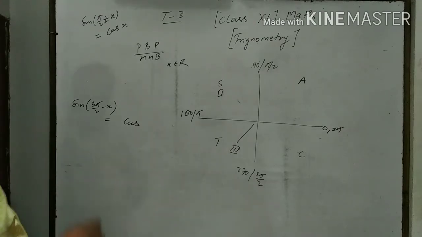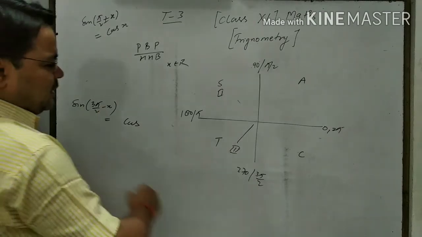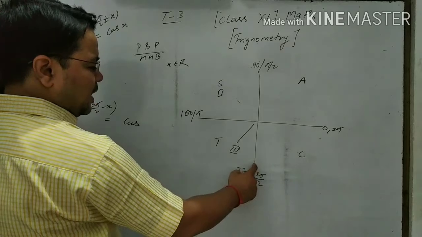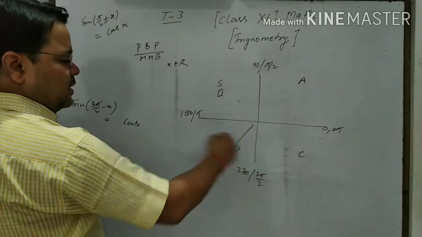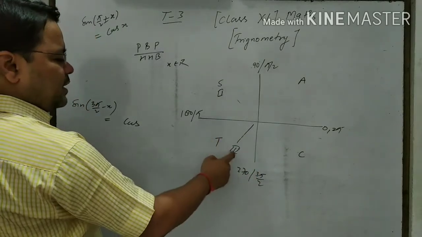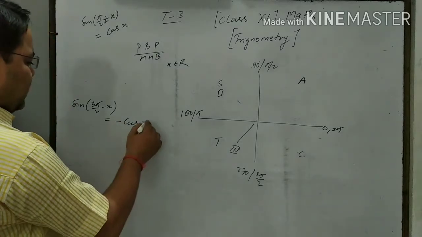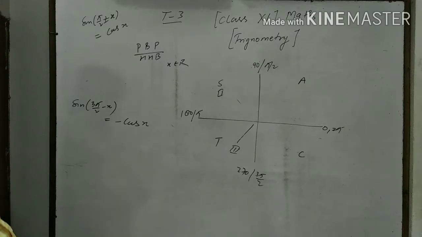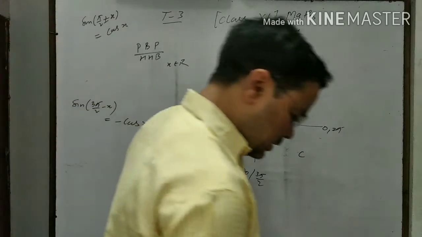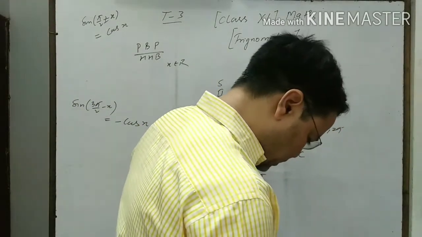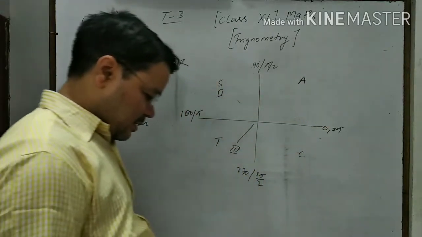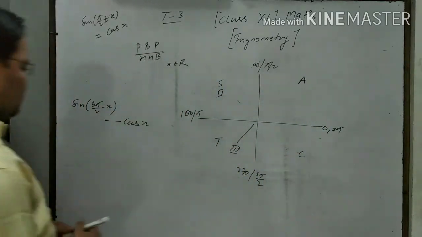Now we will see that 3 pi by 2 minus x is in the third quadrant, and in the third quadrant only tan and cot are positive and others will be negative, so it will be minus. Sine of 3 pi by 2 minus x is equal to minus cos x.